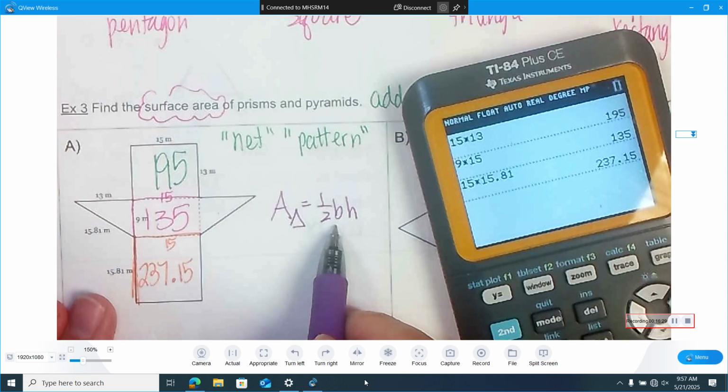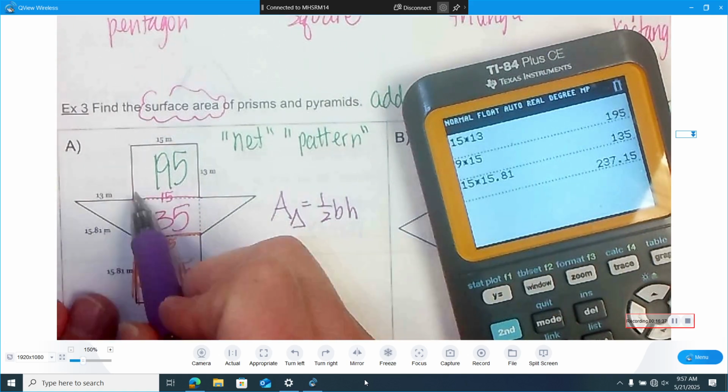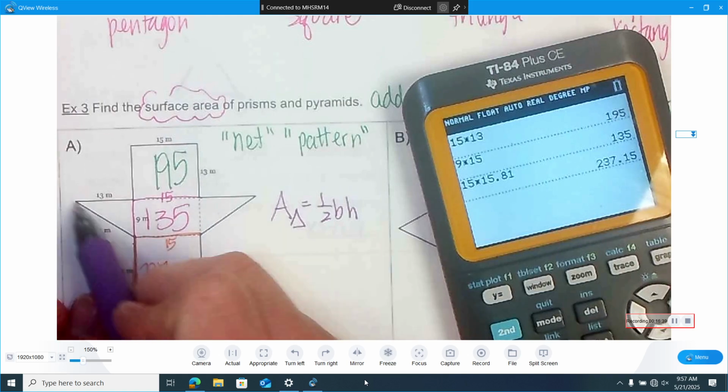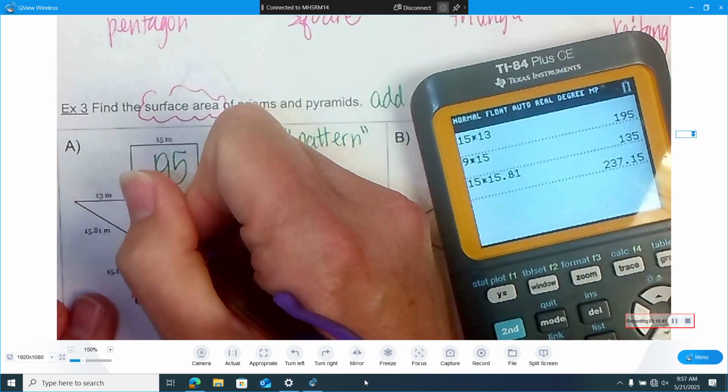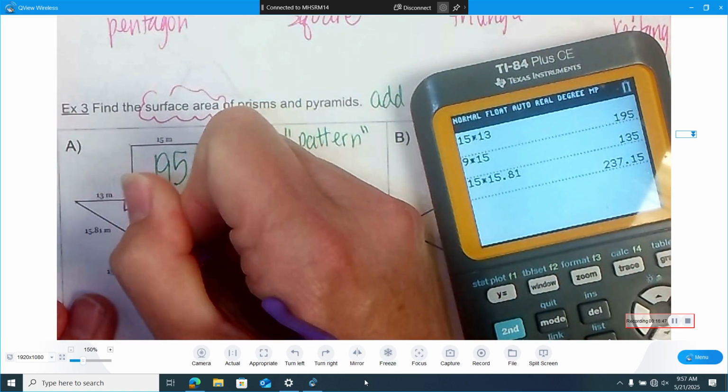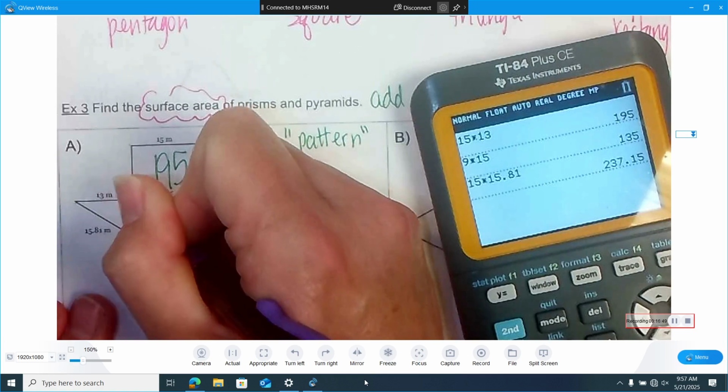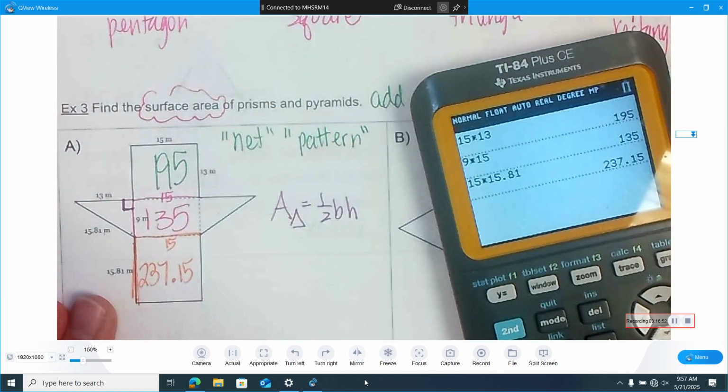We need to know which is the base and which is the height. I have a 13, a 9, and a 15.81. What is the base and what's the height? 9 is the base. Okay. 9 is the base and 13 is the height because they are perpendicular to one another.